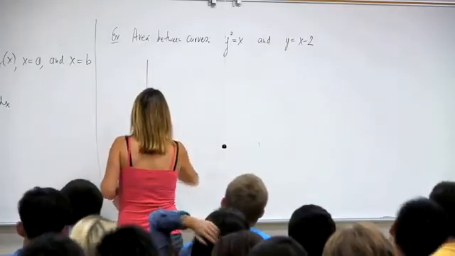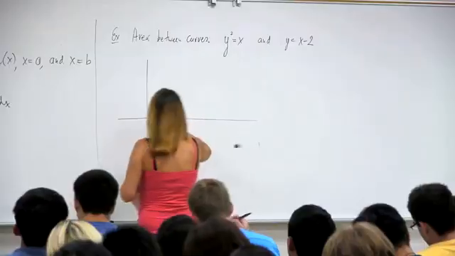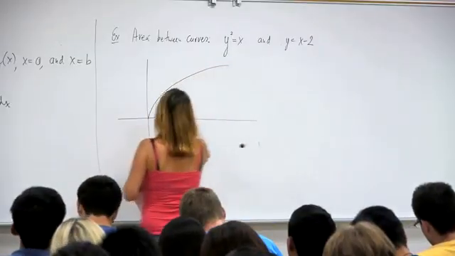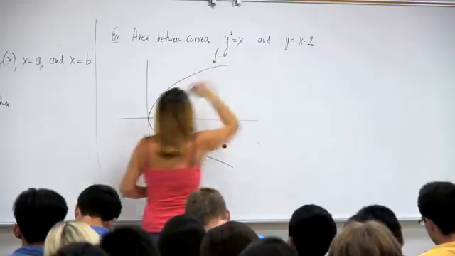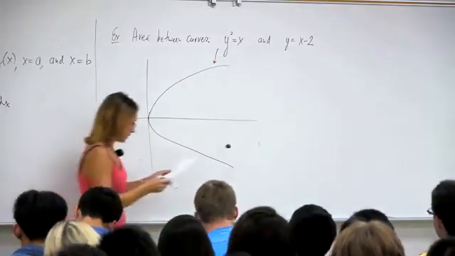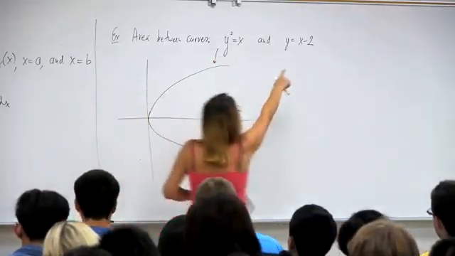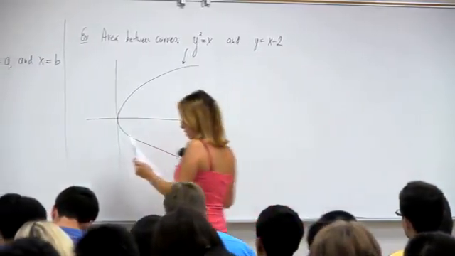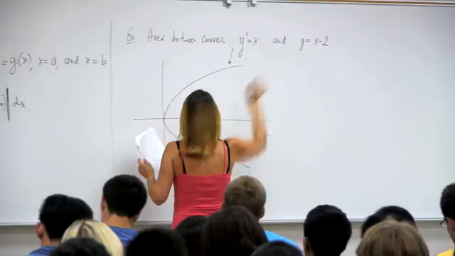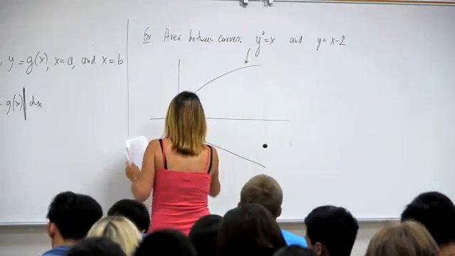So to draw this, we have to look at positive square root of x and negative square root of x. So this curve actually has two branches, a positive one and a negative one. This one is easy. It's a straight line, and it has a positive slope, and goes to minus 2 here.